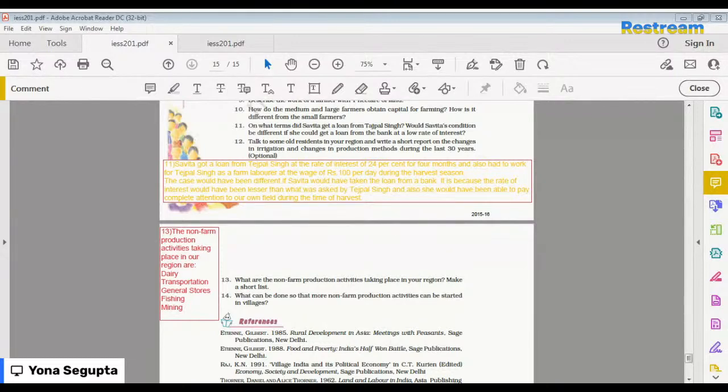And last but not the least, number three, the concerned authorities must set up better transportation between cities and villages so that the produced goods can be transported to cities and more money can be earned through the non-farming activities. These three are the points you can easily write out.